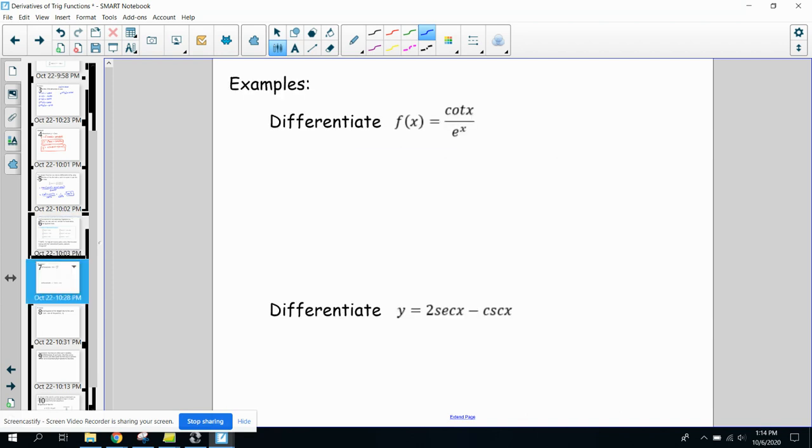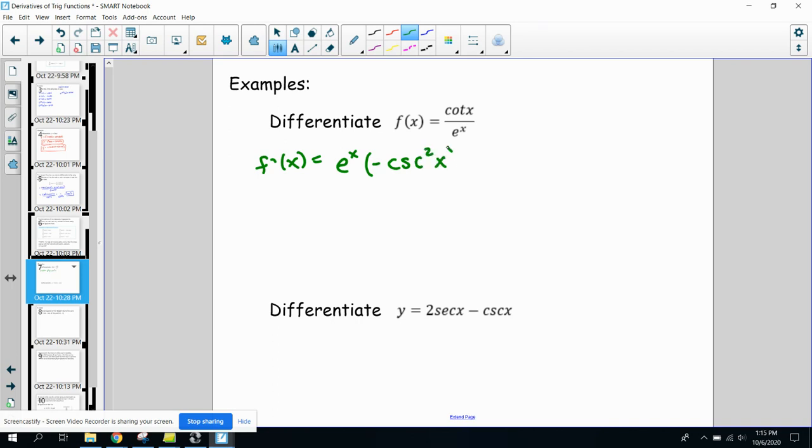Okay, so let's look at this example. For the one on the top, we've got to take the derivative, so we're going to do f prime of x. Here we have a quotient, so we're going to use the quotient rule. We're going to do the bottom, e to the x, times the derivative of the top. So the derivative of cotangent is negative cosecant squared x.